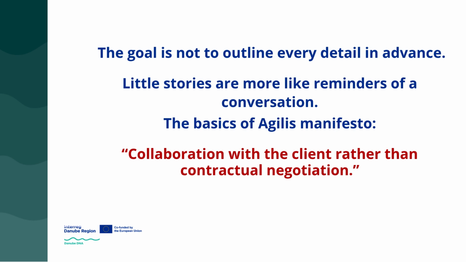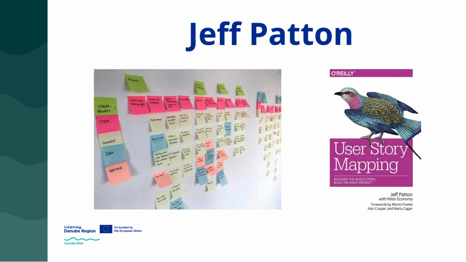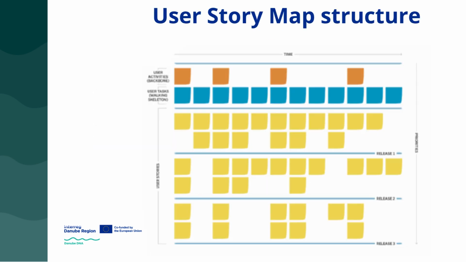Now, we turn our attention to the development of a user story map. The next key figure in this evolution is Jeff Patton, who took a significant step toward transforming user stories into a structured methodology. He established a system for organizing these small narratives and created the user story map framework. In the attached image, you can see a user story map. The specific content of each card is not important at this stage, but what matters is that they are arranged in a structured format.